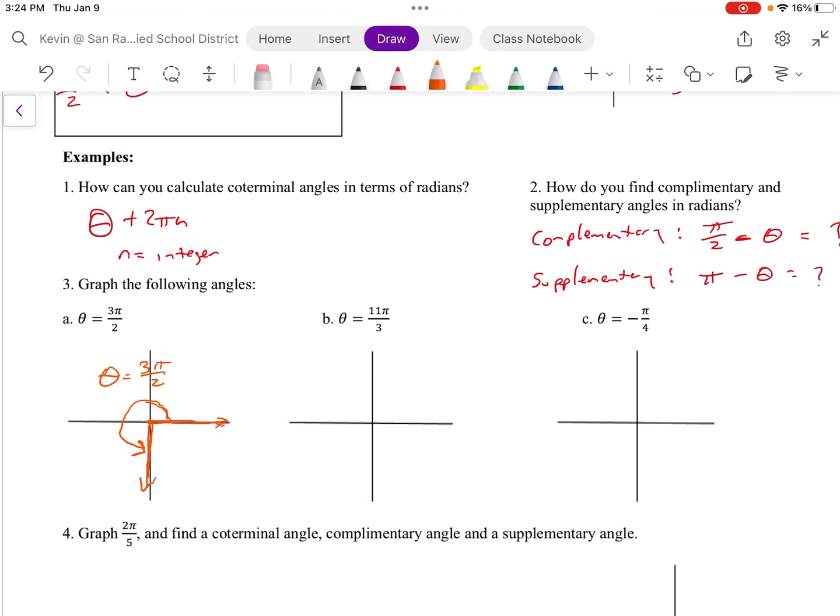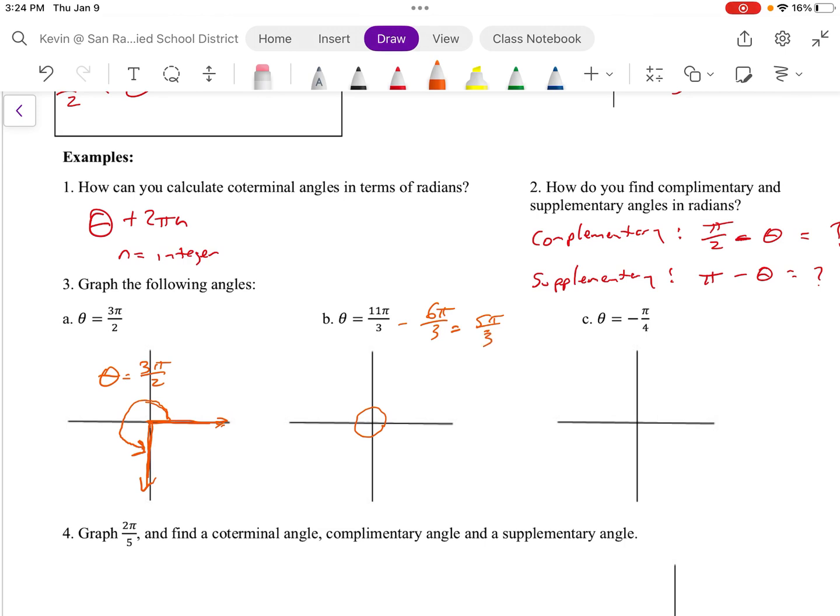Okay, 11 pi over 3. Well, if we go all the way around once, that's going to be 6 pi over 3, right? So if we take 6 pi over 3 and subtract it from 11 pi over 3, we get 5 pi over 3.